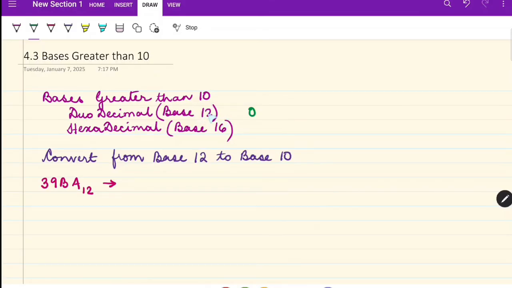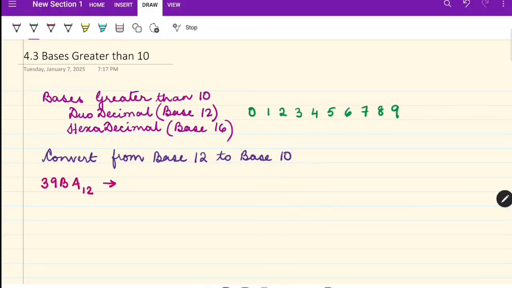So if the base is 12, then it'll go up to 11. Starting from 0, the numerals for base 12 would be 0, 1, 2, 3, 4, 5, 6, 7, 8, 9. But after 9, we don't write 10, 11.